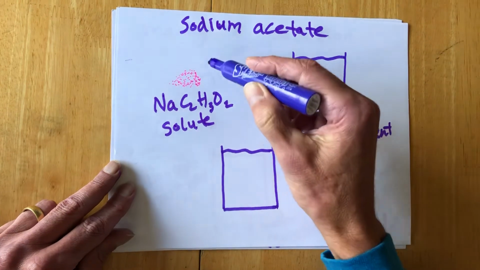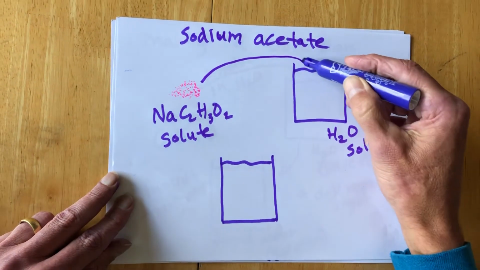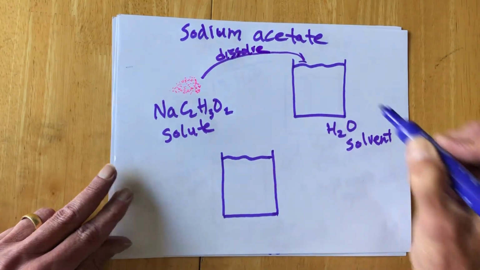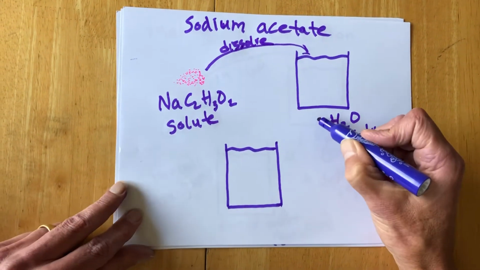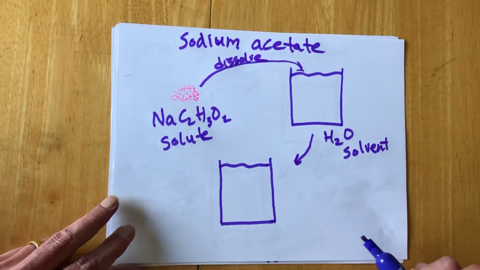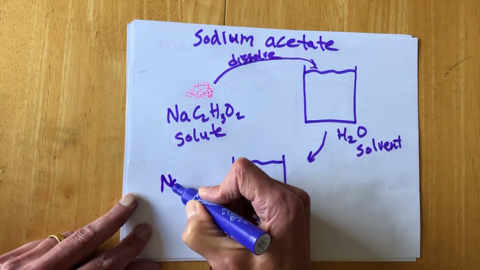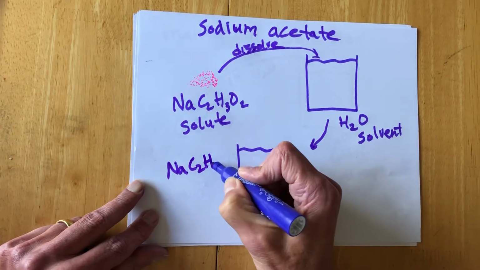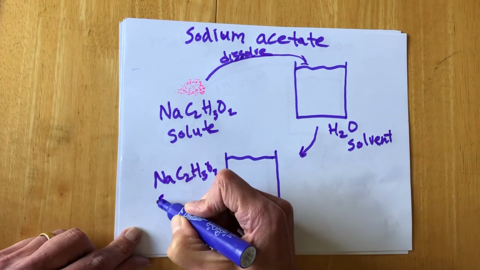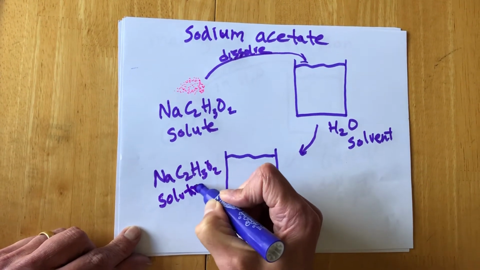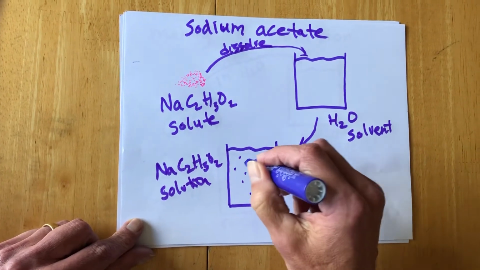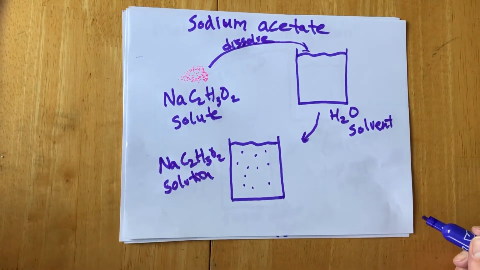and once again we're going to dissolve this in the water, and you end up with the sodium acetate solution, where the dots represent the sodium acetate molecules.